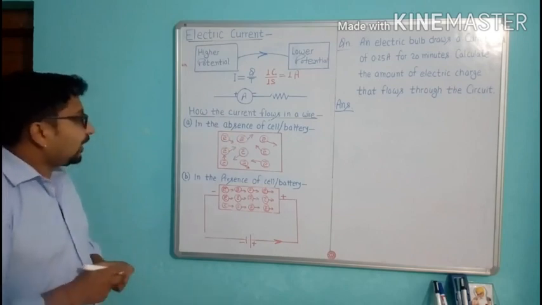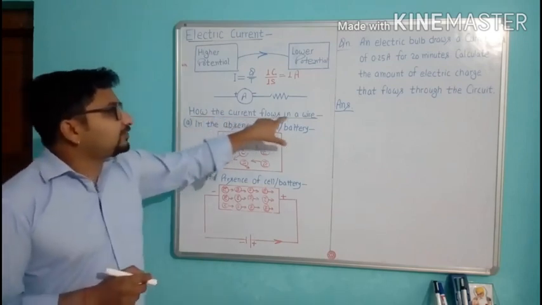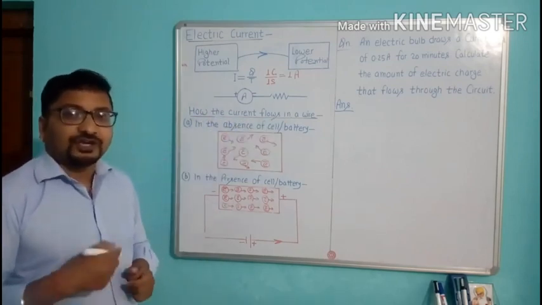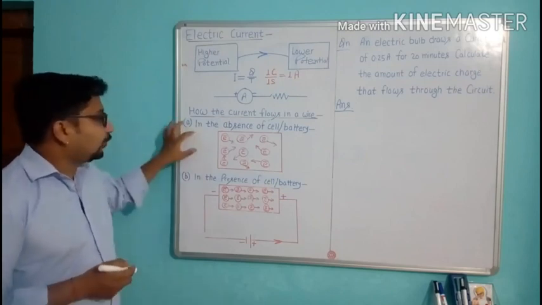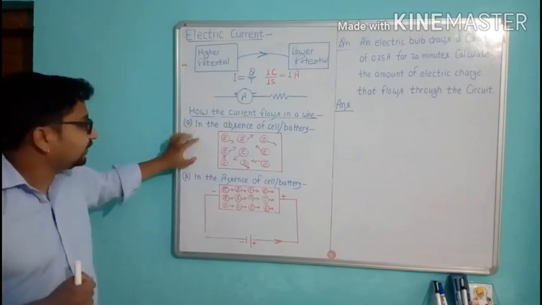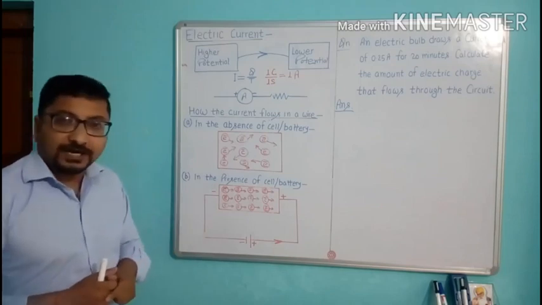Now, how does current flow in a wire? We have two conditions: in the absence of a cell or battery, and in the presence of a cell or battery.